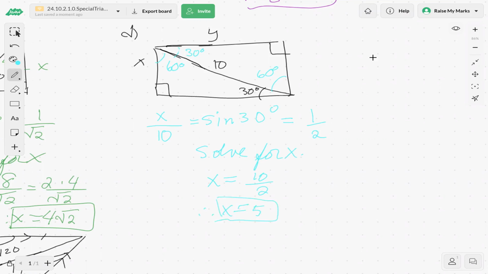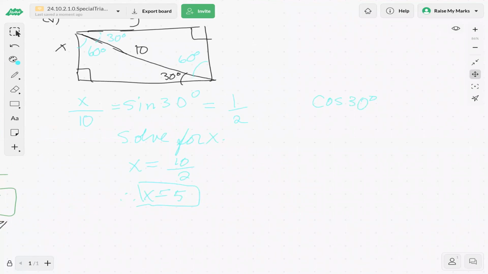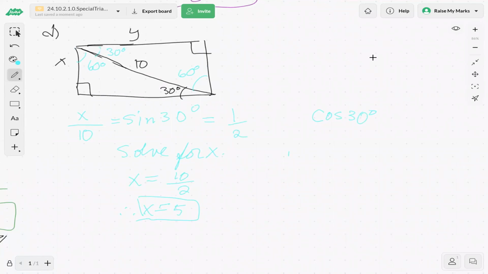Okay, so we have one side. Now let's figure out y. So let's see. How about we use, again, the 30 degrees, so cosine 30 degrees equals adjacent over hypotenuse.